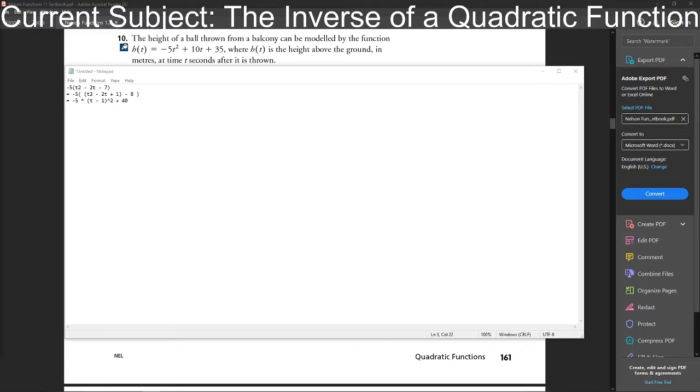So the factored form is -5 times (t minus 1) to the power of 2 plus 40.